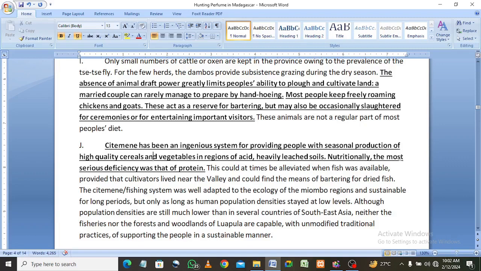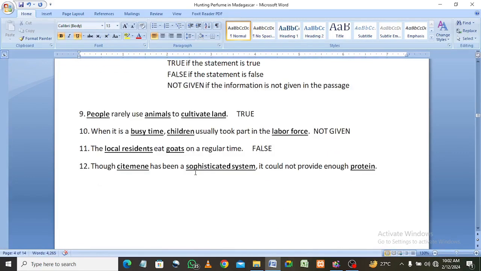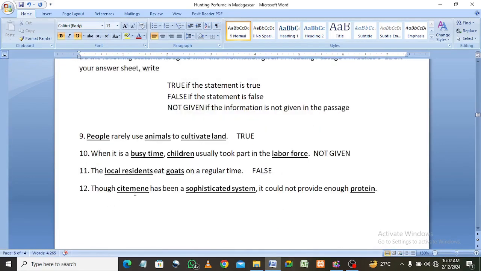Nutritionally, the most serious deficiency was that of protein. What do we mean by deficiency? Deficiency means it does not have protein. And if you look at the statement, it says what? Though Cistern has been a sophisticated system, it could not provide protein. Yes, the answer is what? True.